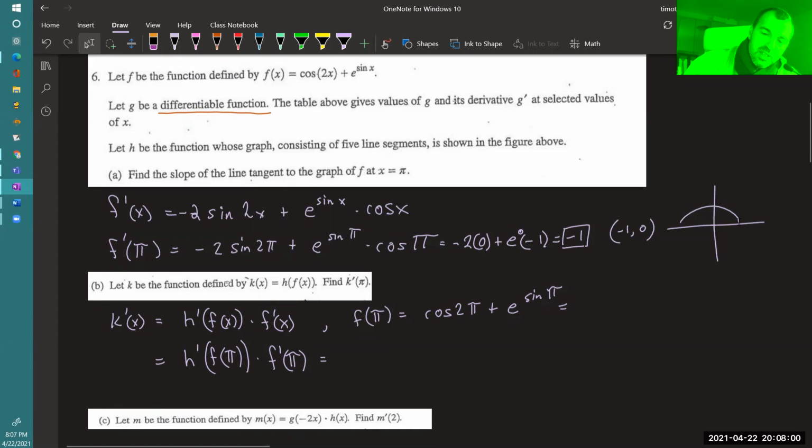Cosine of 2 pi is going to be 1, because remember, 2 pi is over here, and the x coordinate is right there. My y coordinate is 0. So sine of pi is 0, so I'm again getting an e to the 0. So it's 1 plus 1, or 2, it appears. So we got that.